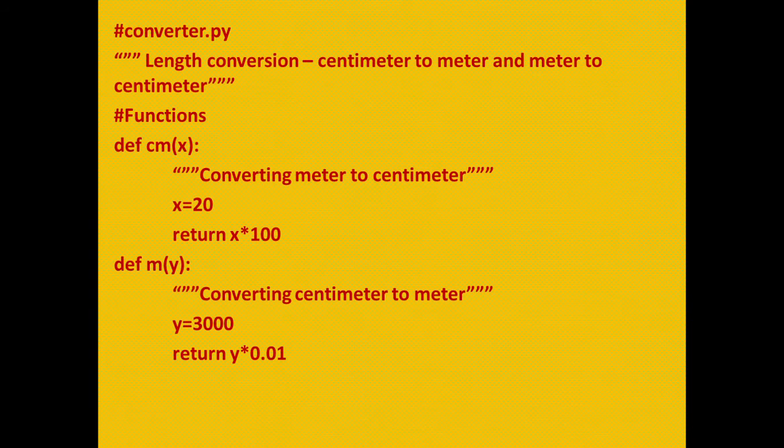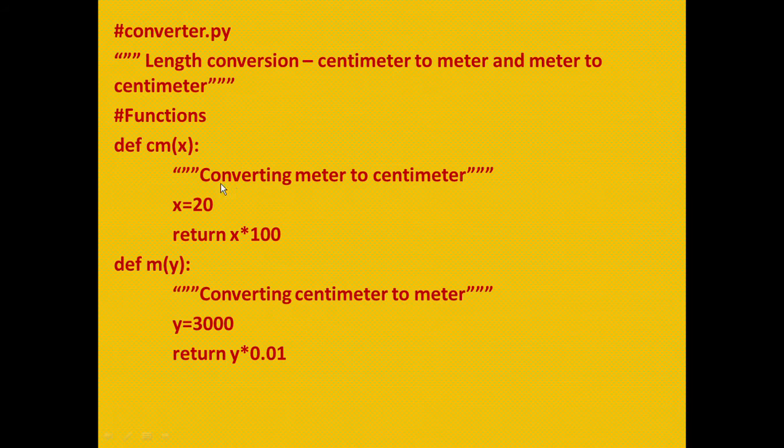Let us see an example module here. The name of the module is converter.py, and here you can see the docstring, length conversion, centimeter to meter and meter to centimeter. And these are functions. There are two functions written inside this module. The first one, def cm of x colon, function header.